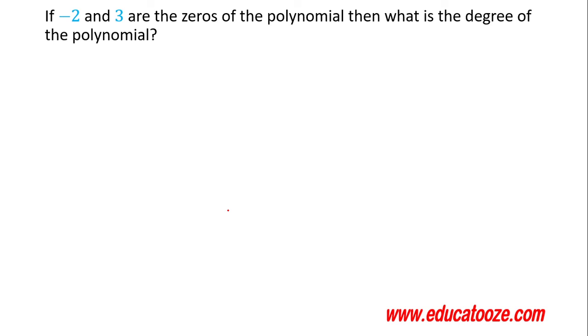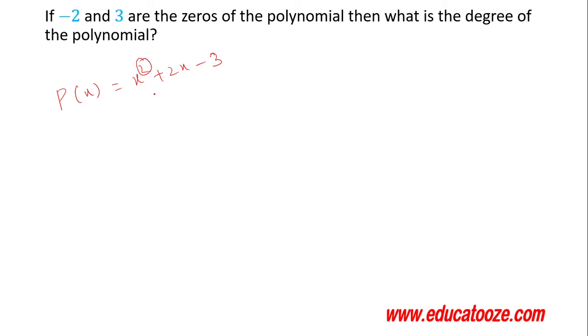Given minus 2 and 3 are the zeros of the polynomial, what is the degree of the polynomial? Before discussing this, let's see, if a polynomial p of x is given like x squared plus 2x minus 3, what is the degree of the polynomial? It is 2.